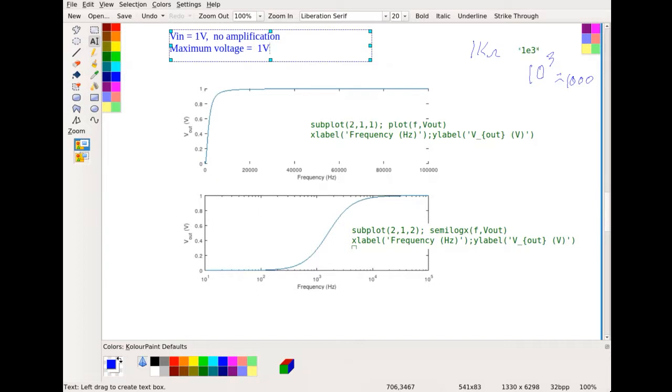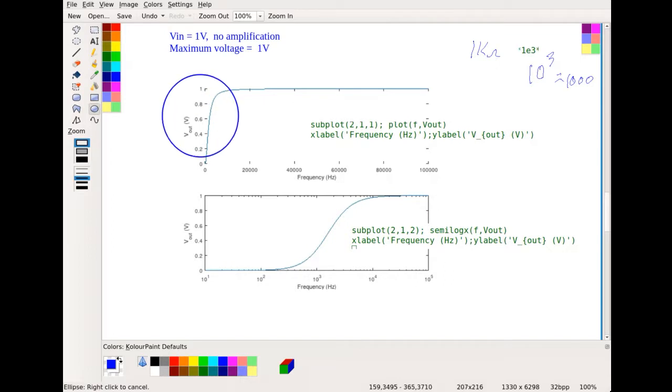And so we can see that here on this plot. The difference between these two graphs is this one over here. On this plot, all the low frequencies, remember our critical frequency?